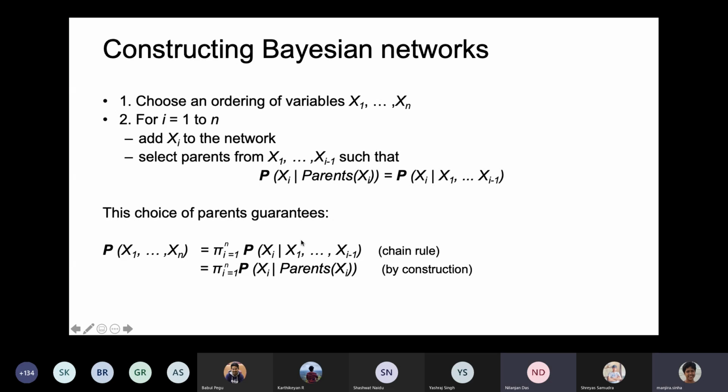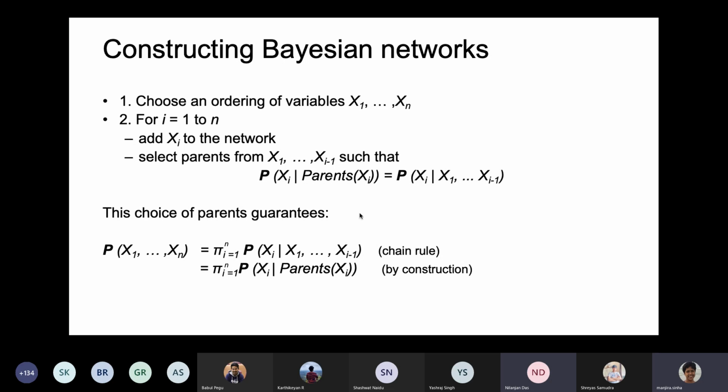Okay, so let me explain. What the chain rule says, if you expand this equation, is P of x1 into P of x2 given x1, P of x3 given x1 and x2, into P of x4 given x1, x2, x3, and so on, up to P of xn given x1 to xn minus 1. Like a chain.